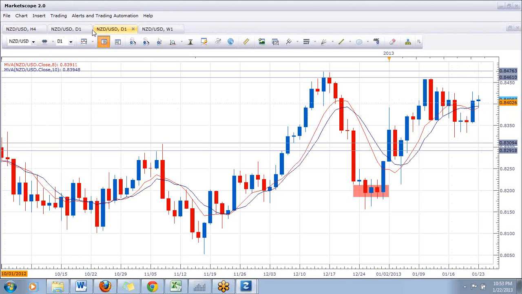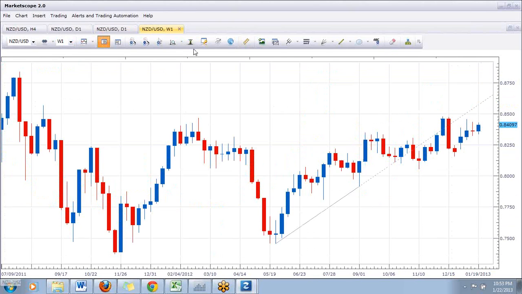Okay, with M1 on the other hand, totally different ball game. Now in terms of the highs, it doesn't want to supersede previous highs. So last week didn't want to supersede this high. This high didn't want to supersede that high. So this is still the highest.